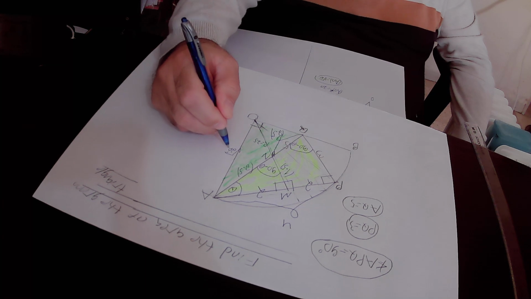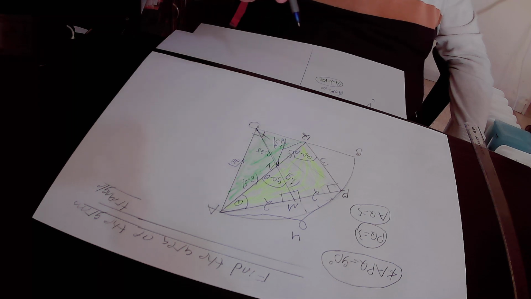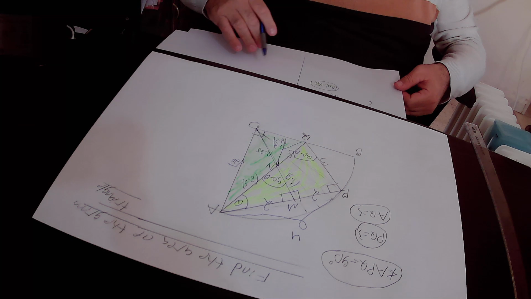In the next step, I'll copy the right green triangle AQO in a new page and we'll implement in this right green triangle the Pythagoras theorem.